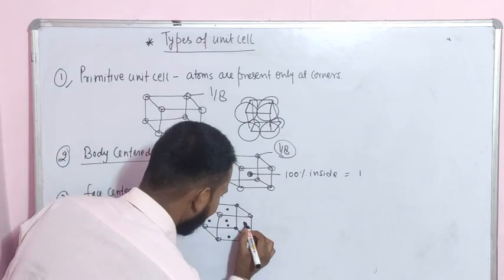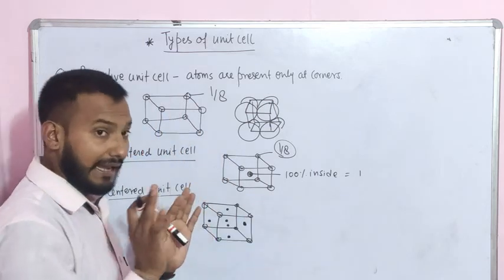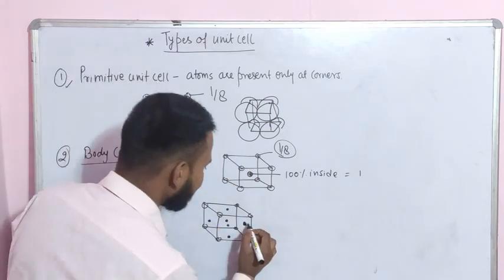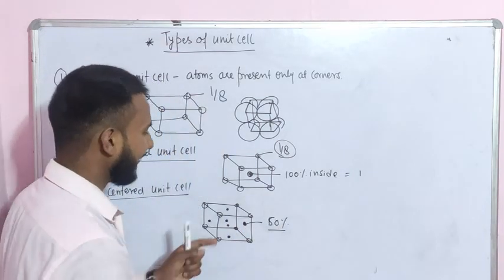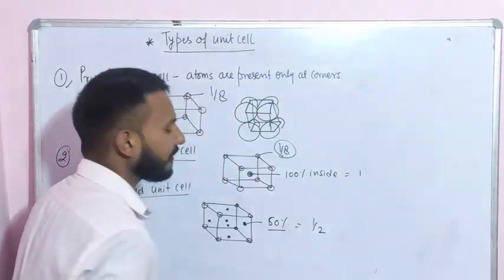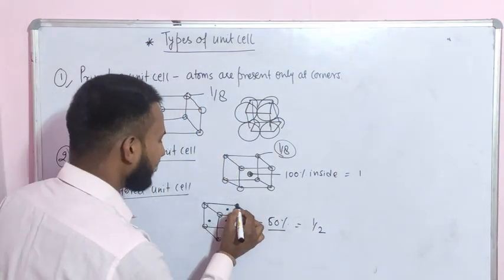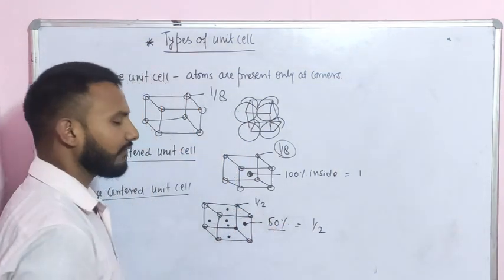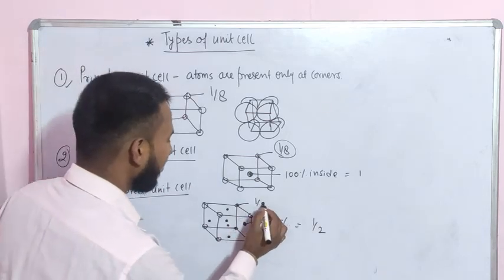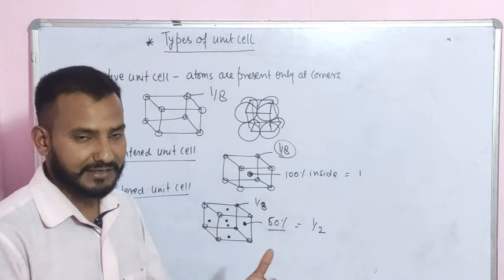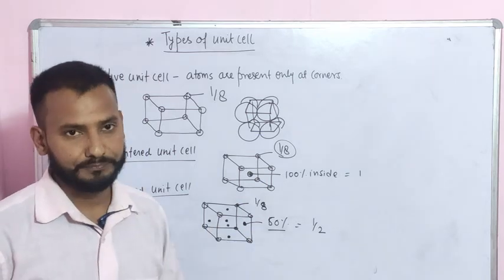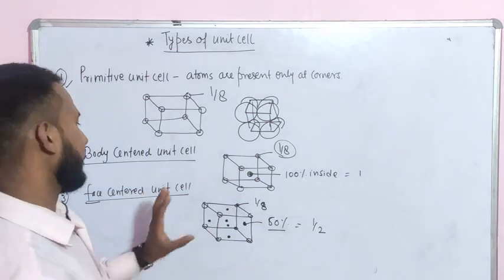If any atom is placed in the center of any face of the cube, it is going to contribute only 50%. So in that case its contribution will be 1 by 2, and the atoms present at corners will contribute 1 by 8, and the atom present at the center of the face will contribute 1 by 2. Okay, so this is face centered.